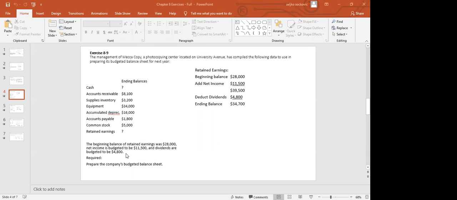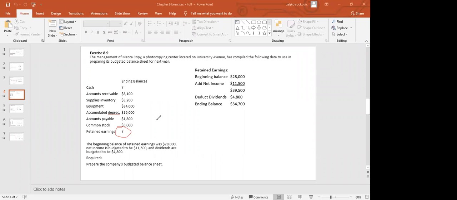So first, for example, you can immediately say, let me figure out my new retained earnings. Well, retained earnings here is a question mark, right? So let me see if I can figure out one of these two. Can you figure out cash?